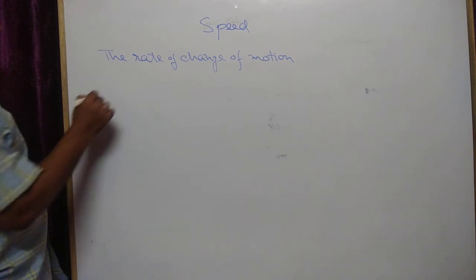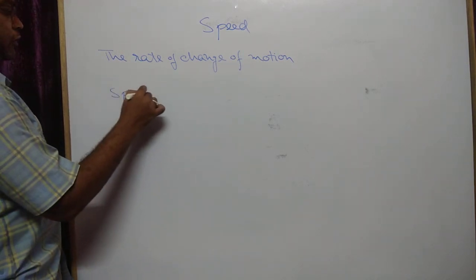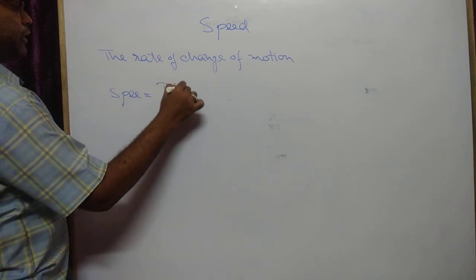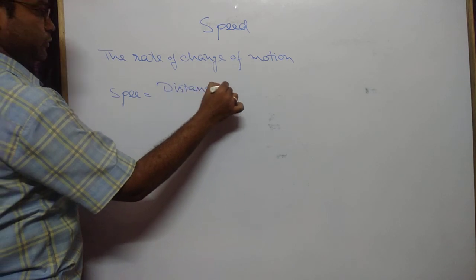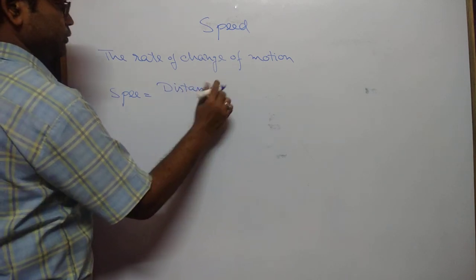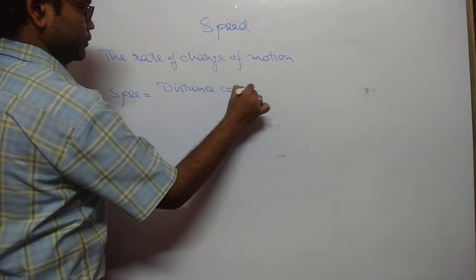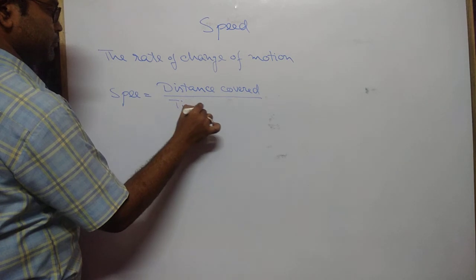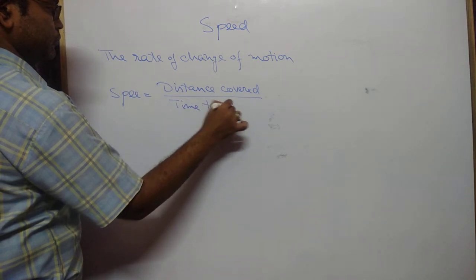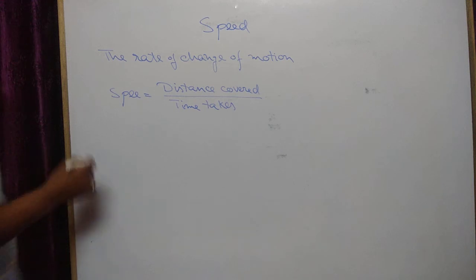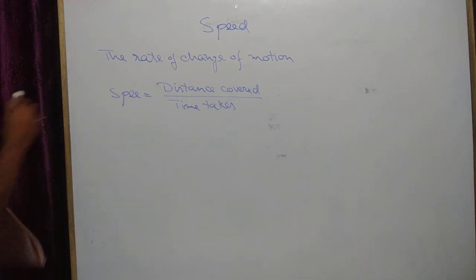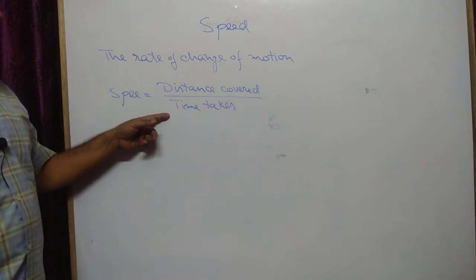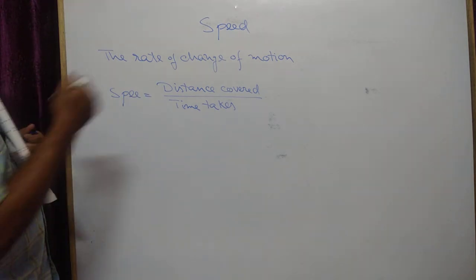And this speed is given by distance covered by time taken. Means we check how much distance we covered and how much time it required. When we divide them, we have the speed.